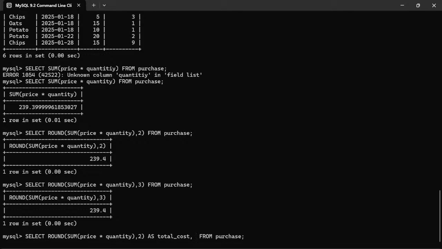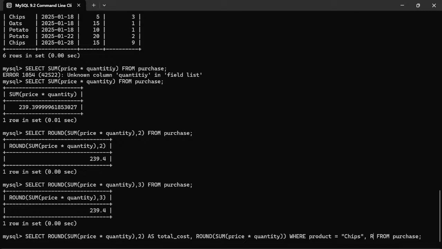And again, if I want to find that, I have to multiply these two attributes, where product is equal to, let's say, chips, capital C, chips. Yeah, fine.